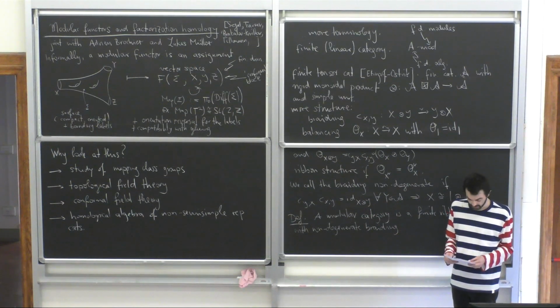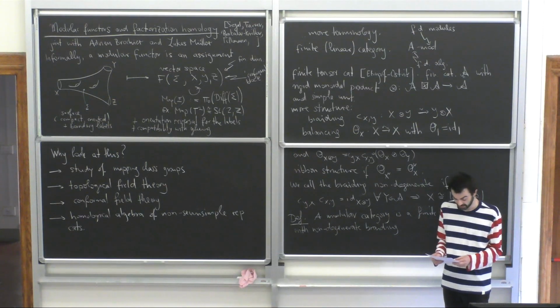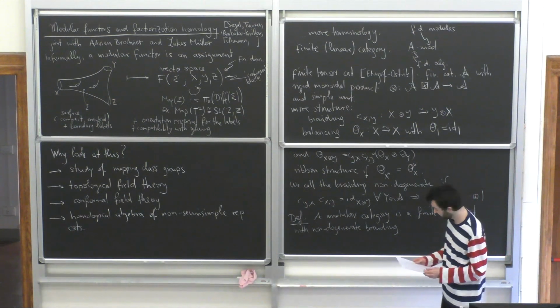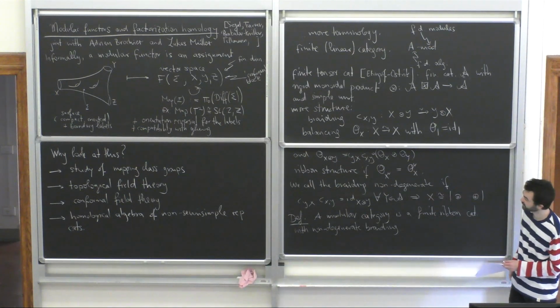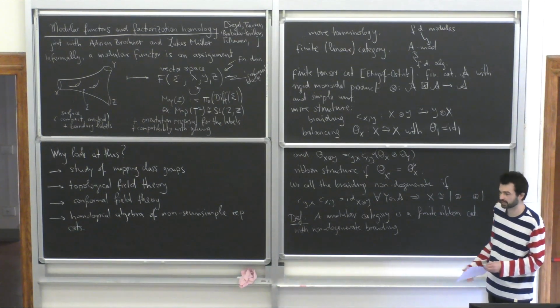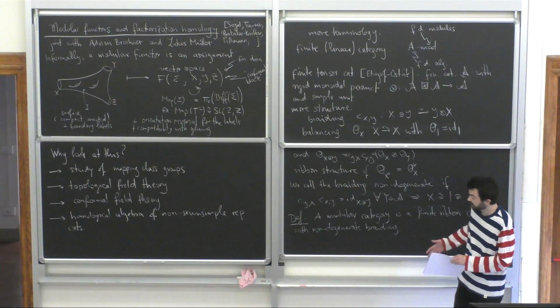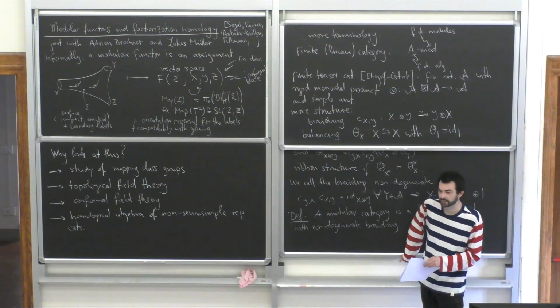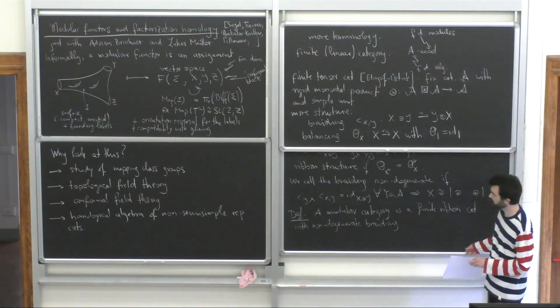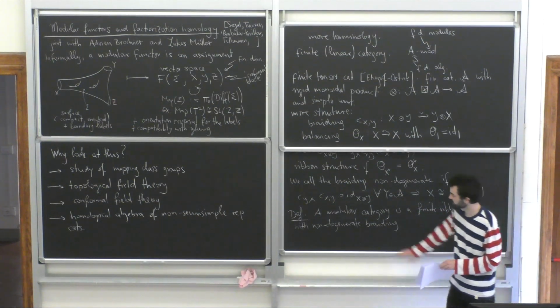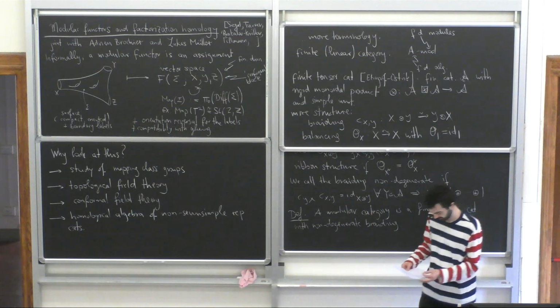And another source are vertex operator algebras. So this is something that for me is a little bit of a black box, but if you have something that is called a vertex algebra, some formalization of a two-dimensional conformal field theory, you can also take modules over this VOA in a certain way, and you will end up in nice situations also with a modular category.